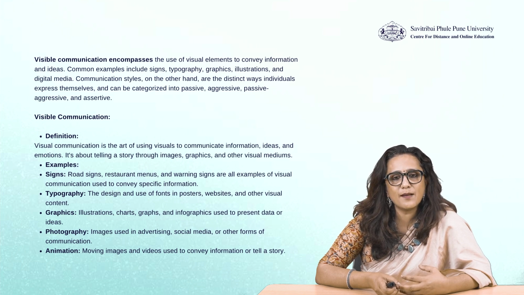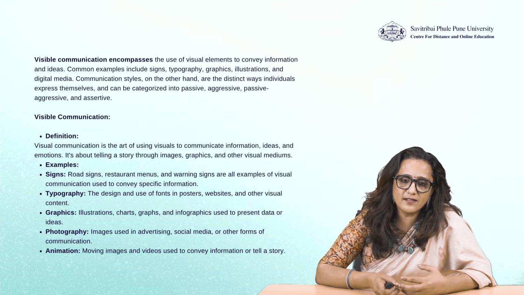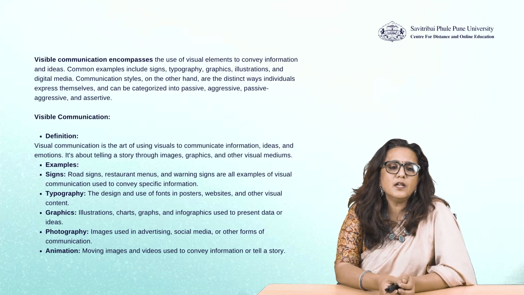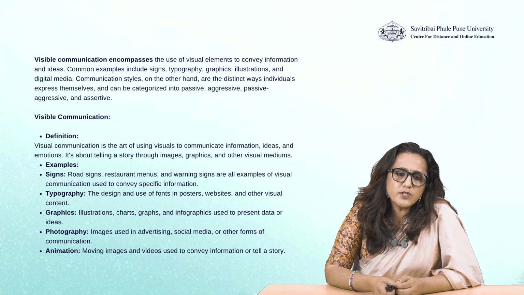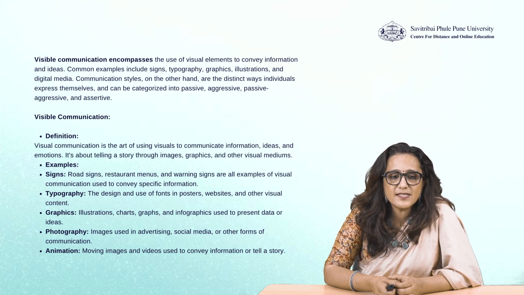Let me give you some examples of visual mediums, how important they are for visible communication. Signs, road signs, restaurant menu cards, warning signs are all examples of visual communication of a specific information. What is typography? The use of fonts in websites, in posters, and other visual contents. What is graphics?